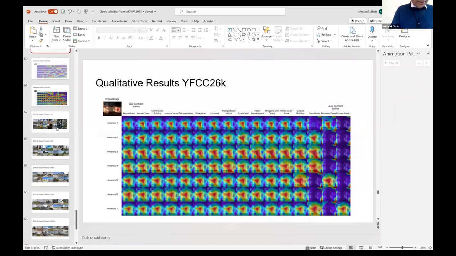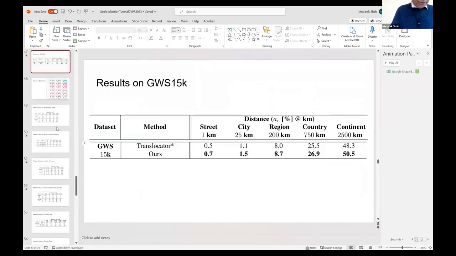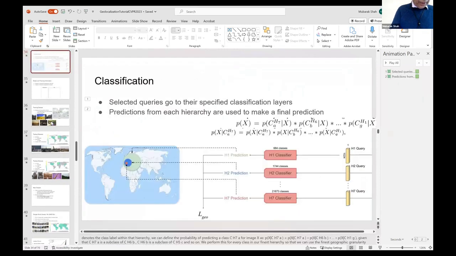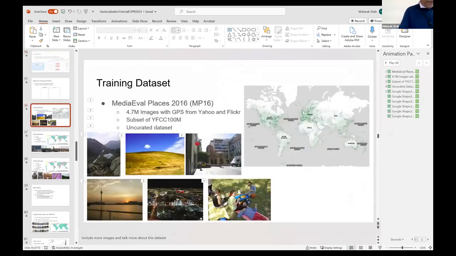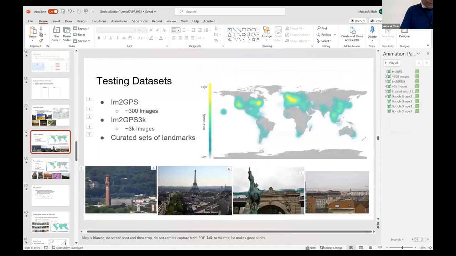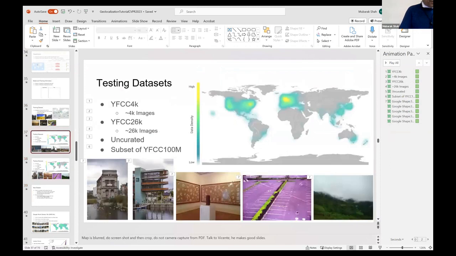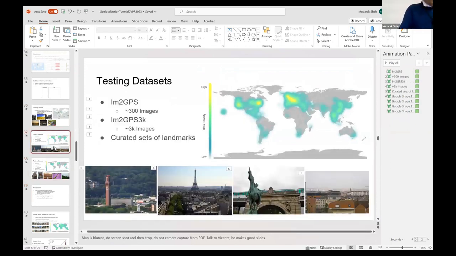Good question. As I showed you, the data set we train on is MP16, and we test on these other data sets, and I showed you the results. It works pretty well. So that answered your first question.